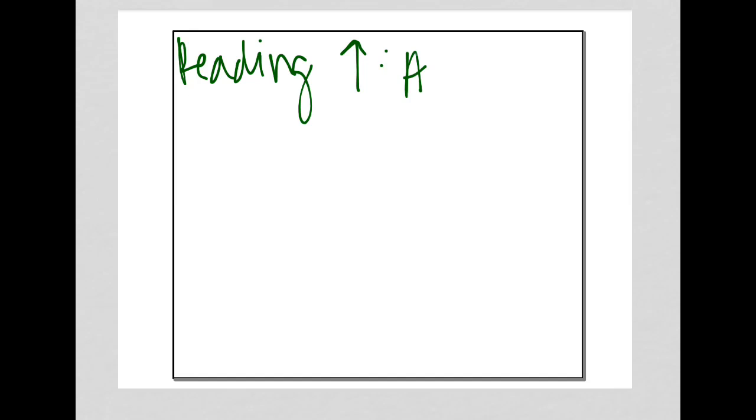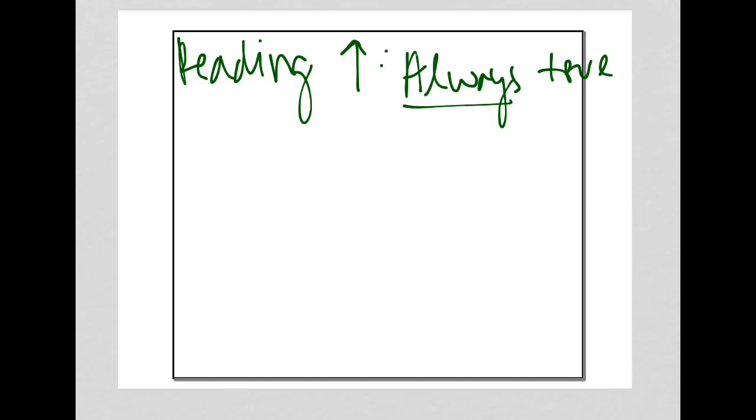So I wanted to quickly talk about the front page of your notes and really how to read that chart that we just made. Okay. So if you are reading up, in the upwards direction, such as from rhombus to parallelogram, this is always true. Okay, always true, meaning a rhombus is always a parallelogram, a square is always a rectangle, a square is always a rhombus.